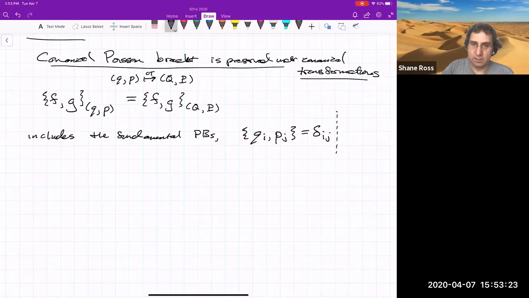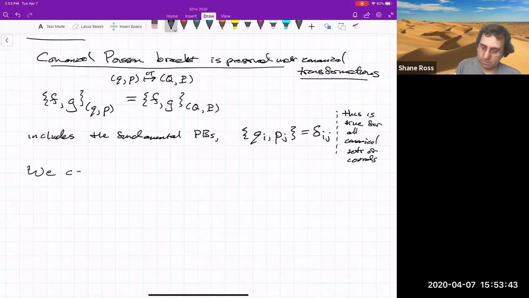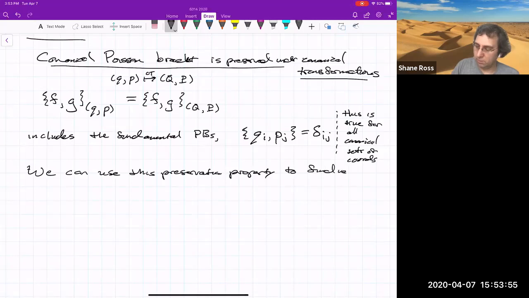So the key takeaway here is that this is true for all canonical sets of coordinates. So we can use this preservation property to find new canonical transformations.